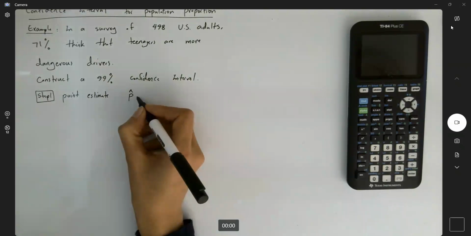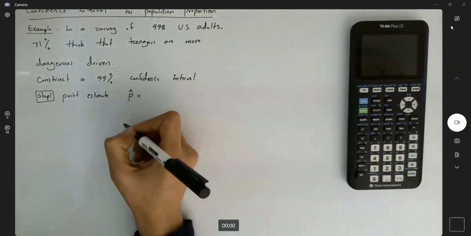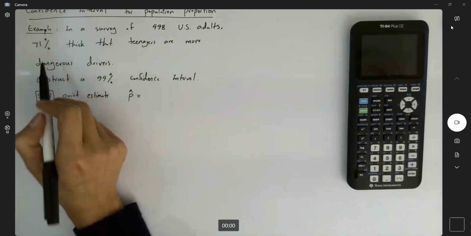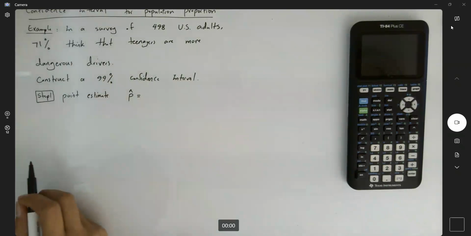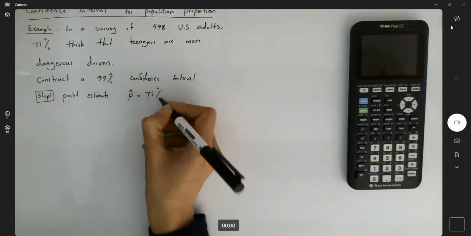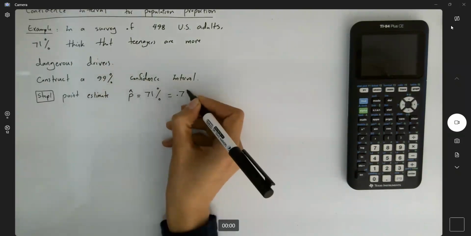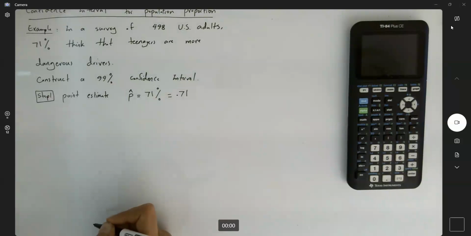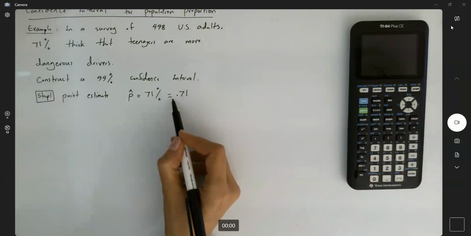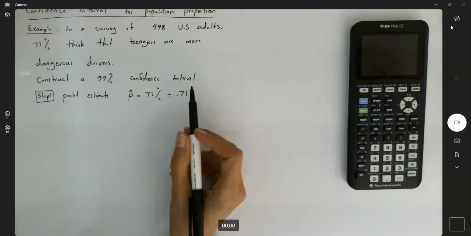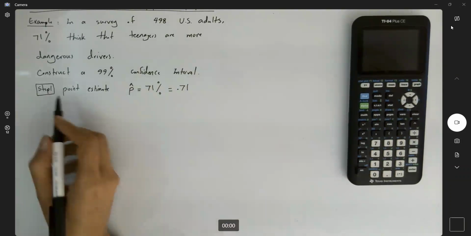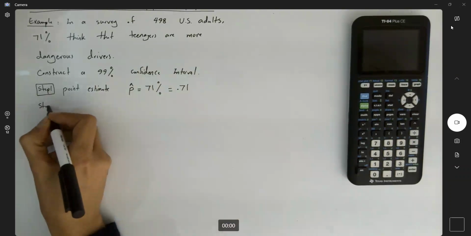P hat is defined as 71% in this example, or 0.71. Since we're eventually going to use our calculator, we can convert this into x divided by n and find the x value as well.